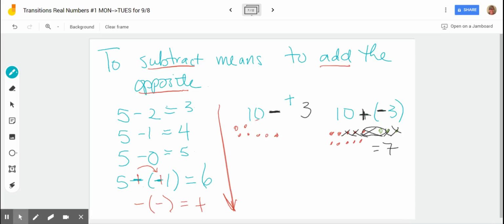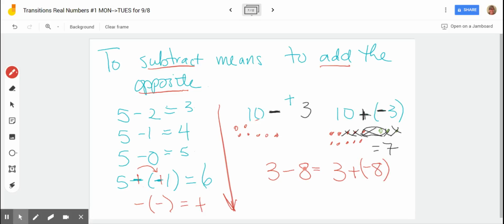It's good to think about this, you guys, because it's important to understand how they are the same. So whenever you have a subtraction problem, just remember it's actually adding the opposite. So let's say you have 3 minus 8. That is the same thing as 3 plus a negative 8.